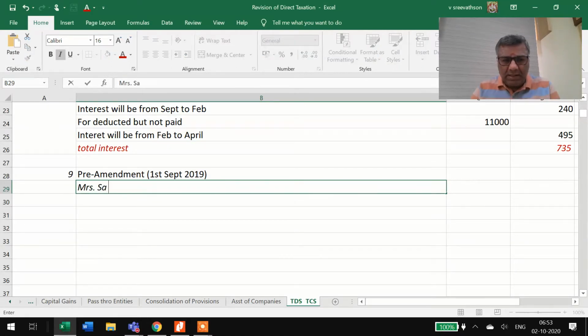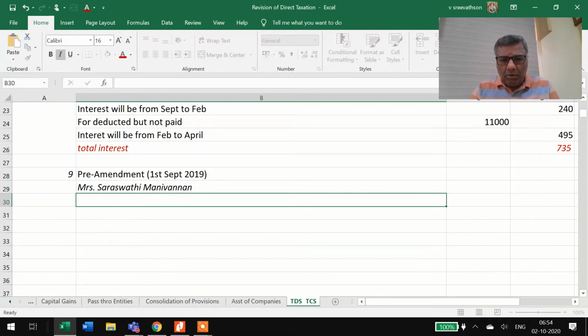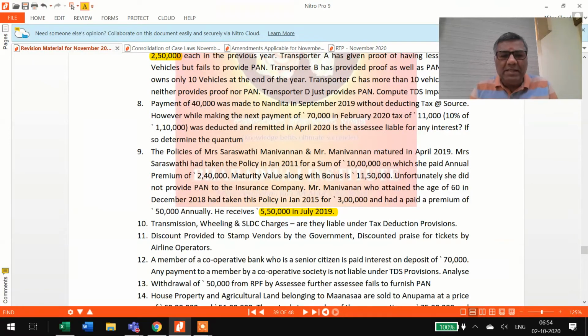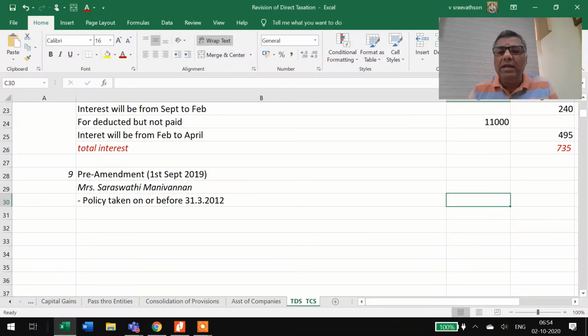Mrs. Saraswati Manivannan, policy taken on or before 31/3/2012. Policy value is, my dear friends, 10 lakhs.